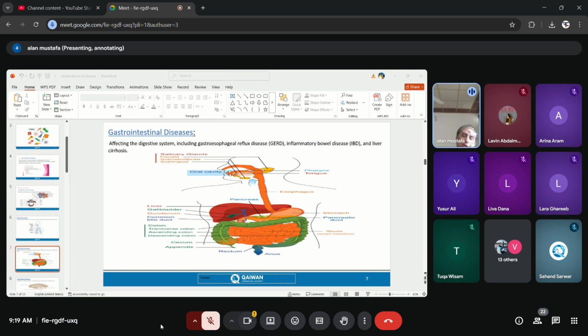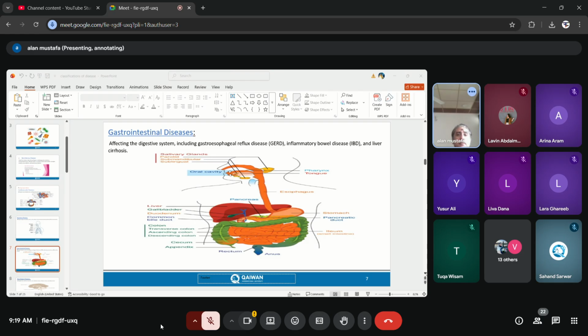Yes, if the cause is hepatitis, because as I said, we have many different reasons for liver cirrhosis. One cause is alcohol. Another cause is hepatitis, viral hepatitis, or autoimmune hepatitis.